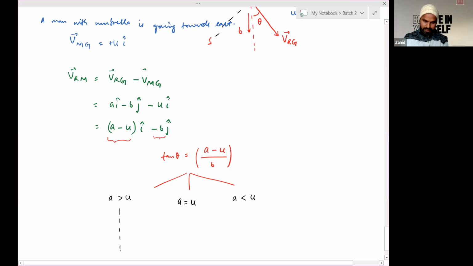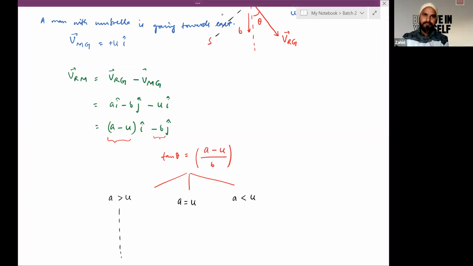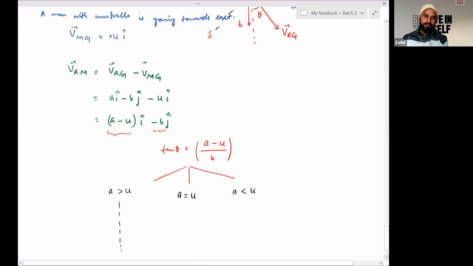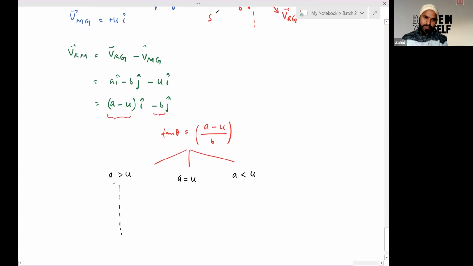Let's say this is your vertical line. If A is greater than U, the umbrella would be along this direction, at some inclination. The umbrella has moved towards west by this much amount of theta. In the second case, let's say this is your vertical line.